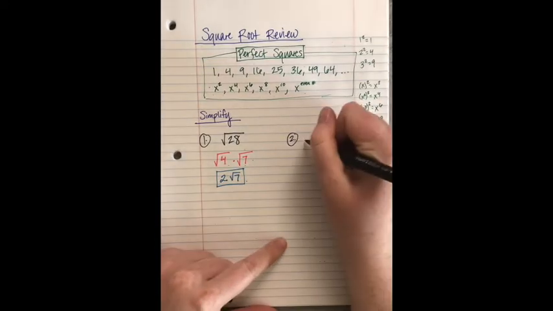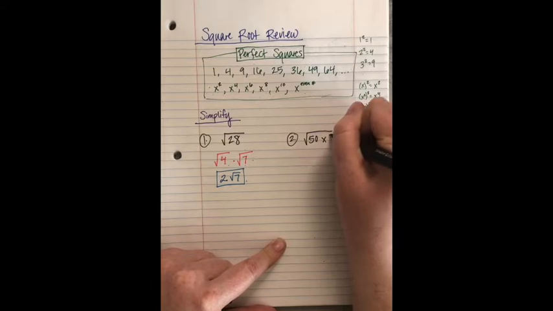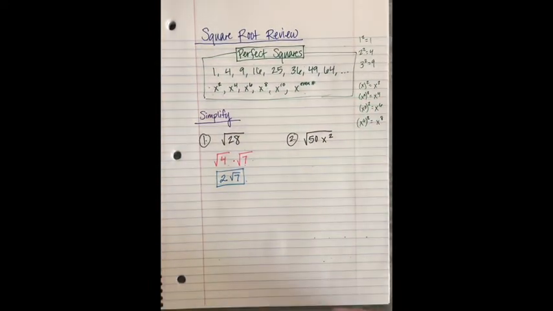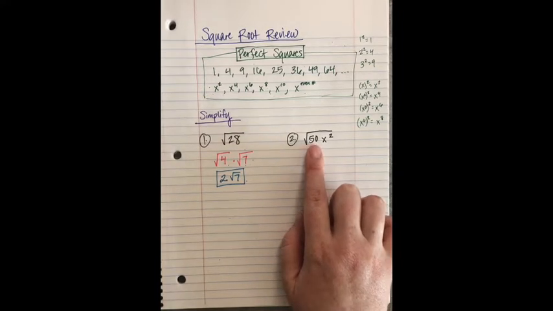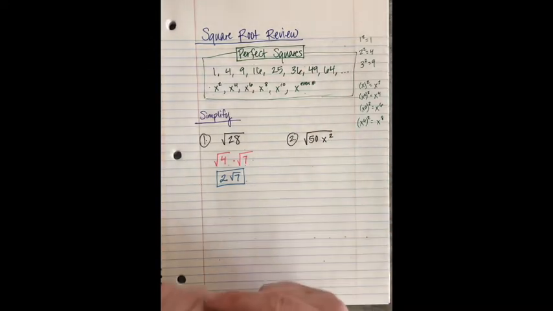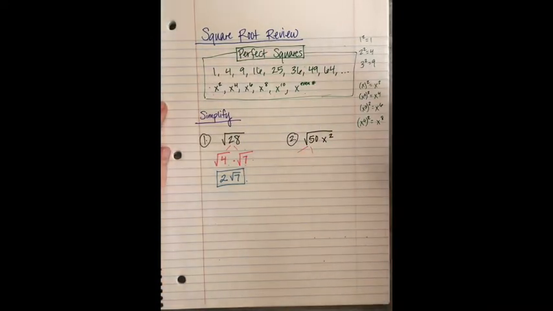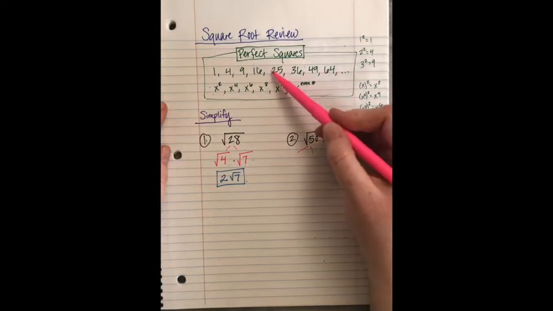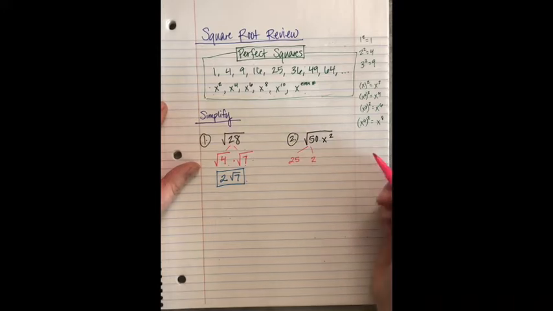Number 2, we're going to take the square root of 50x squared. All right, so I'm going to deal with just the number part right now, 50. 50 is not a perfect square number, so we have to break it apart just like we broke up this 28. 50 is in fact divisible by 25, which is a perfect square. 25 times 2 makes 50.